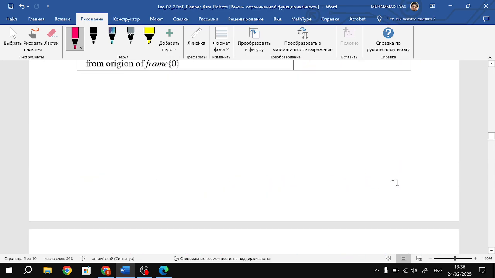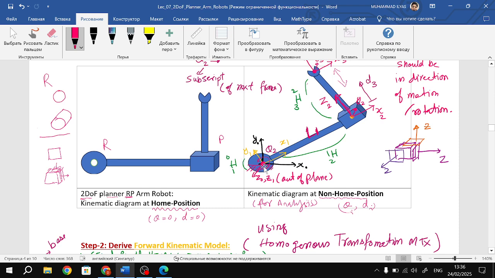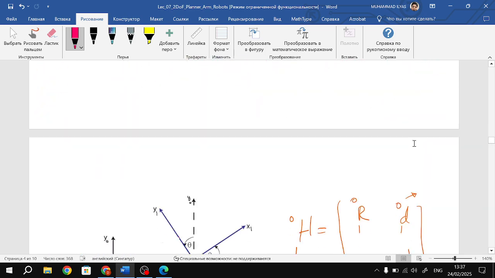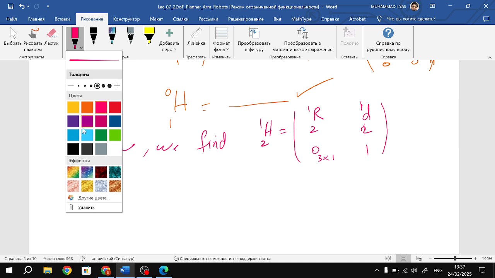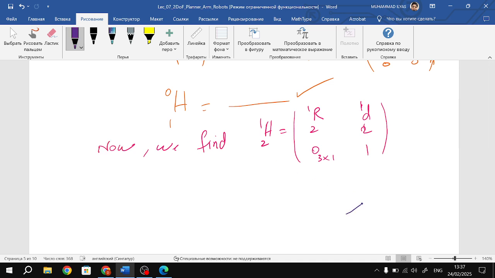So let's see our example, our kinematic diagram. We have frame 1 over here, frame 2 over here, right? And displacement is L1. Let me draw it over here for you, to simplify. We have x1 in this direction, y1 here, and then x2 in this direction, and z2 in this direction, and this length is L1.